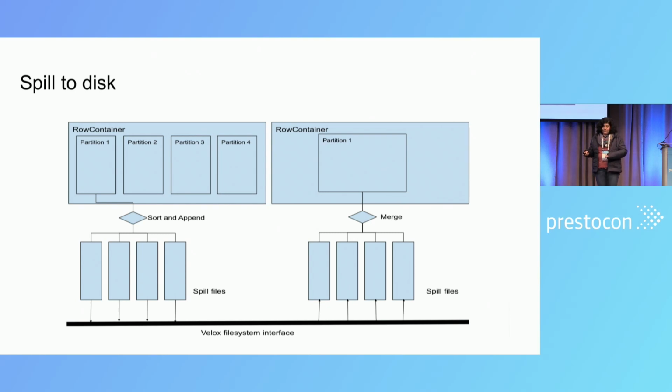You give it to the file system interface that figures out where to put it on disk. This is what happens when you do add input and you have all this data that doesn't fit in memory. But when you want to get output, you do a merging operation, and Velox has this tree of losers algorithm, which looks at all spill files of a partition, and you can do a merge sort, and that gives you the partition in the order needed for the window function computation.